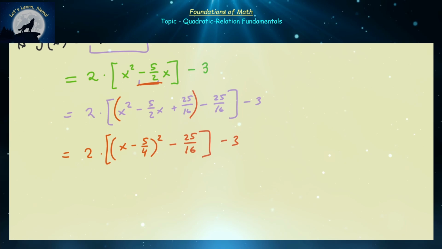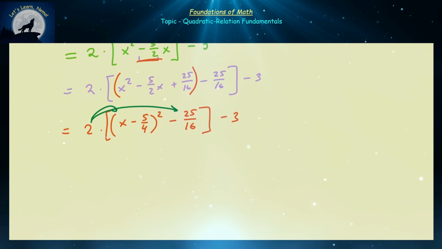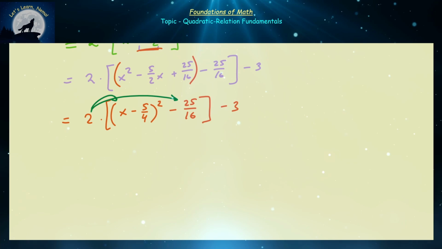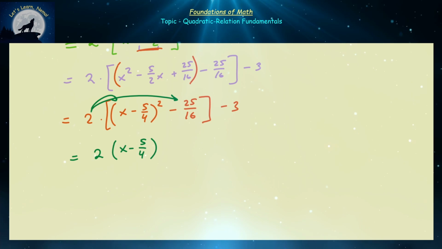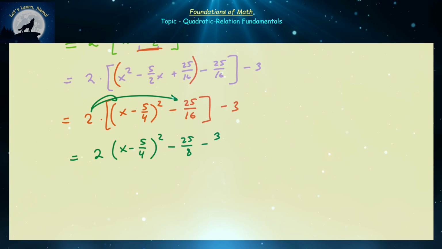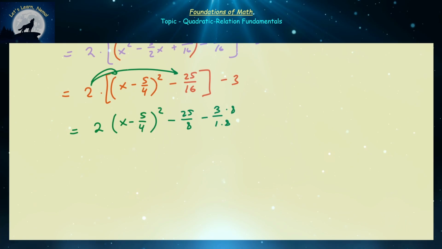Now let's distribute this 2 into that first term and that second term and simplify. That's going to be 25/16 times 2, which is 25/8. So now we have 2 times (x minus 5/4) quantity squared, minus 25 over 8. And then we have this minus 3 over 1, for which we're going to multiply by 8, so we can combine those last two terms together.